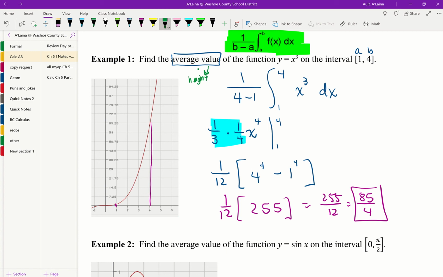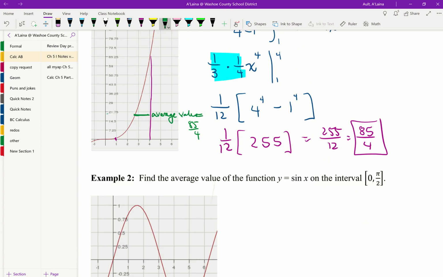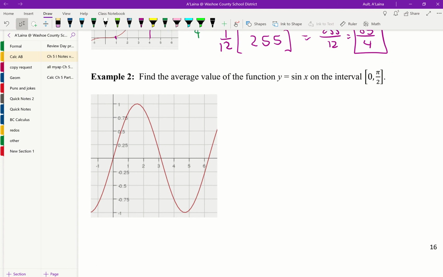I don't know, 21-ish, 21 and a little bit. So the average height is right in here. This is the average value or the average height. If I look at all of the heights that occur and how frequently they occur, that's the average height or the average value.